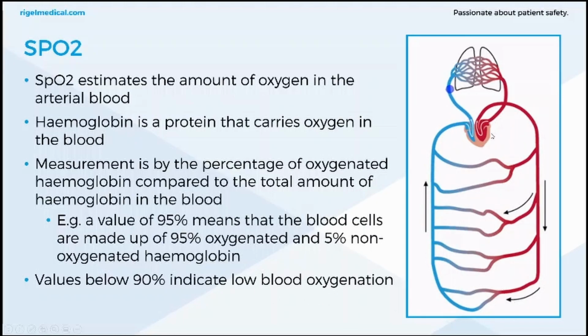Now this image shows how oxygenated blood changes to deoxygenated blood as it carries oxygen to the organs and the muscles around the body. Oxygen is absorbed by the blood as it passes through the lungs, as the oxygen sticks to the hemoglobin protein in the red blood cells, and then that's passed around the body.